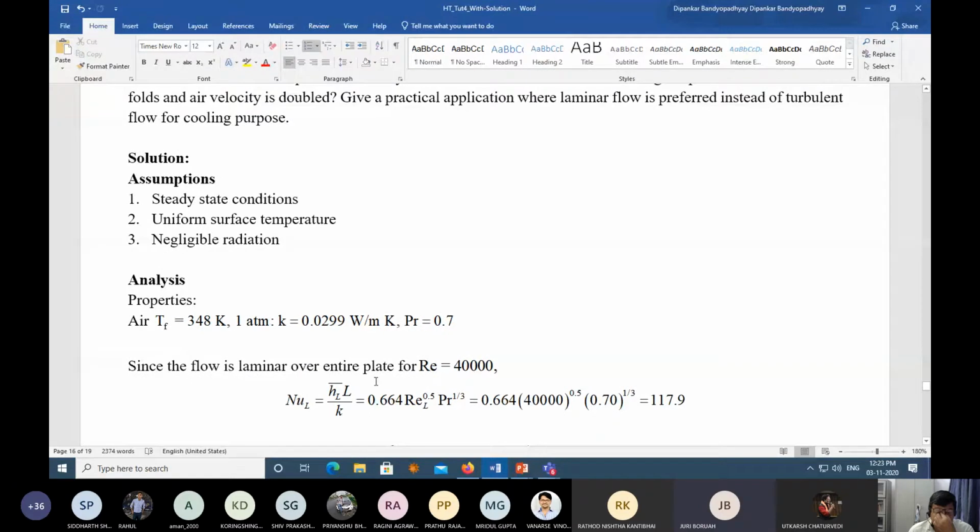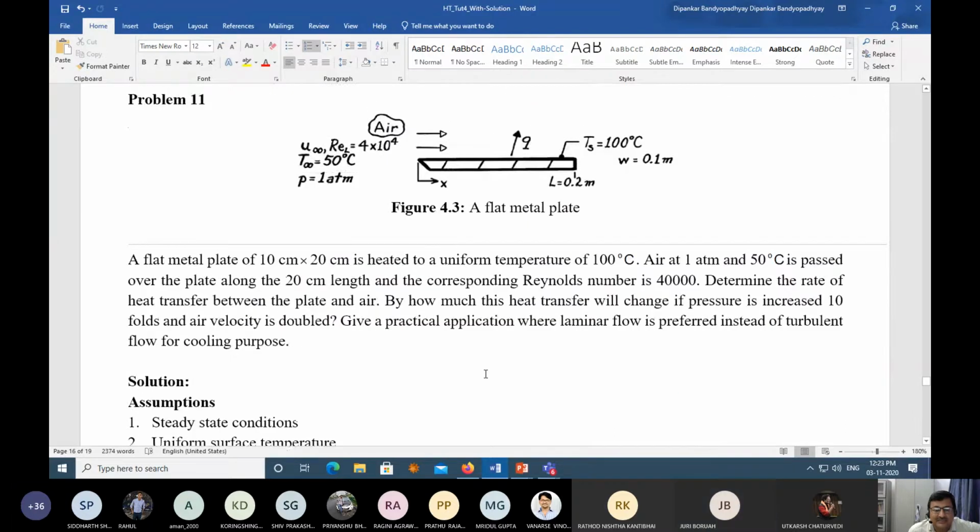Yes, sir. The Nusselt number is 117.8. Now what are the other things that you know? Length is given. At what length is it to be obtained? It is 20 centimeter, correct?